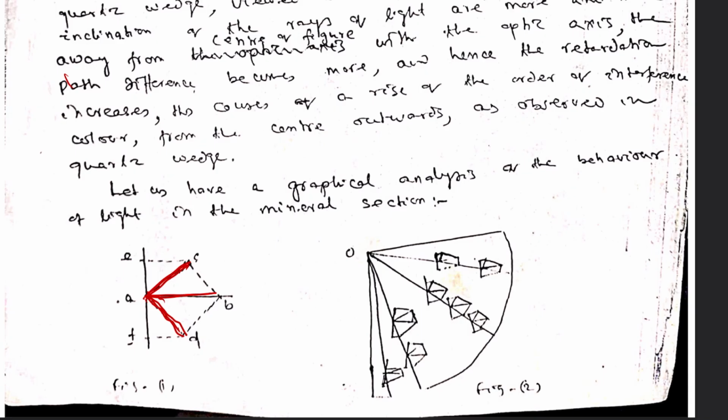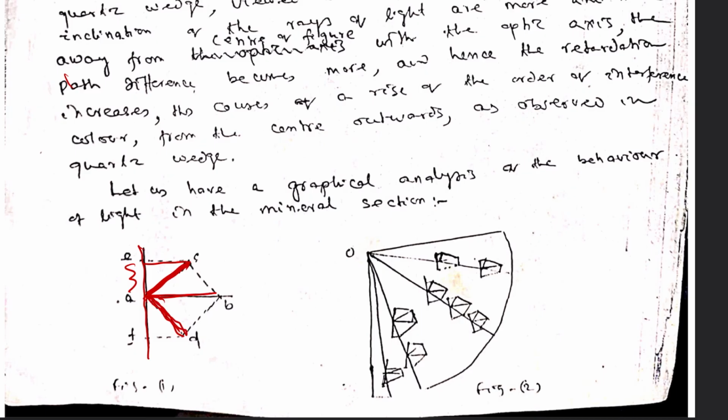And when they leave the mineral section and enter into the analyzer, each of them is resolved in the plane of the analyzer into two rays, but one of the rays is eliminated, and the other ray passes through the analyzer. So if this is one component of light that emerges through the mineral section, it will have its component on the analyzer. This will be the component.